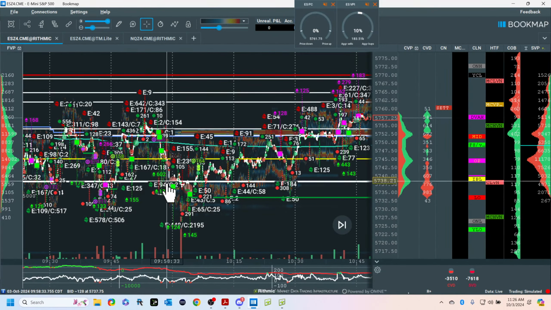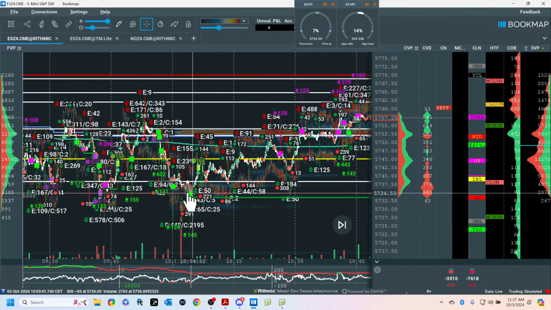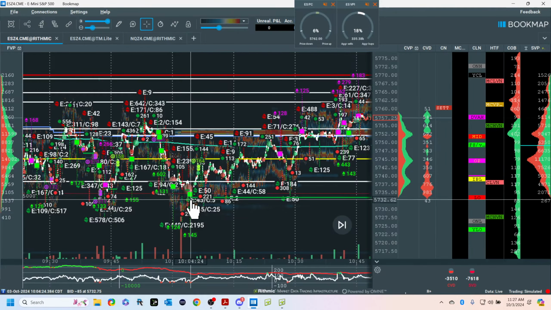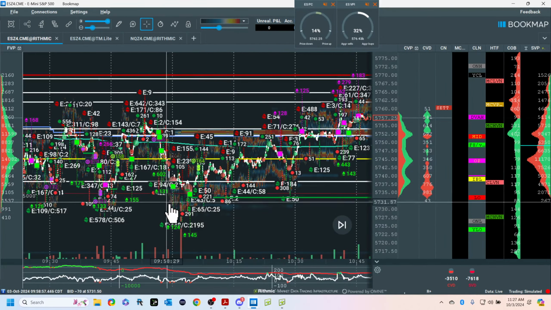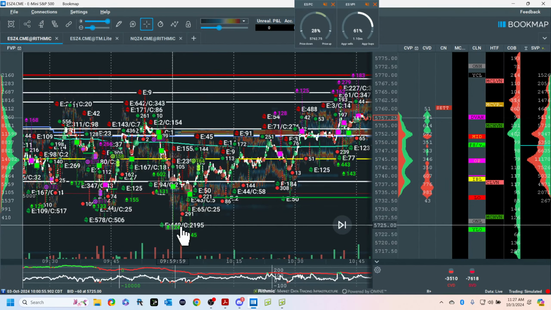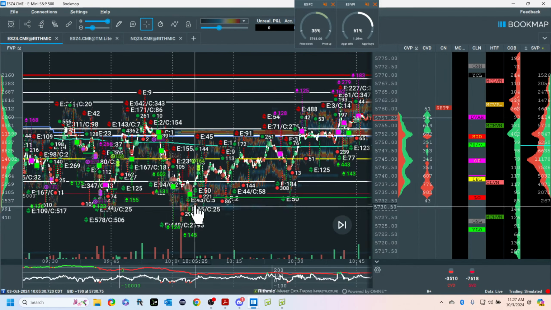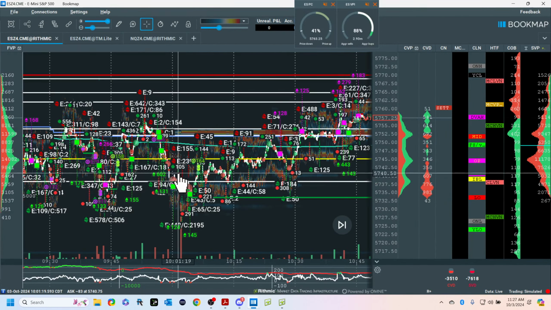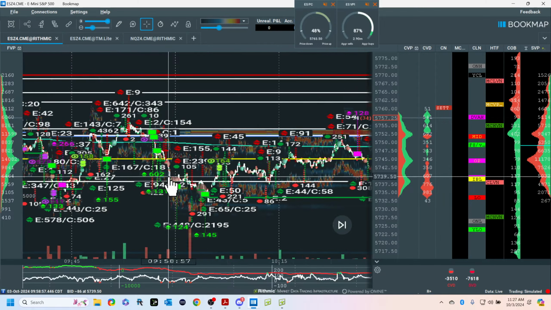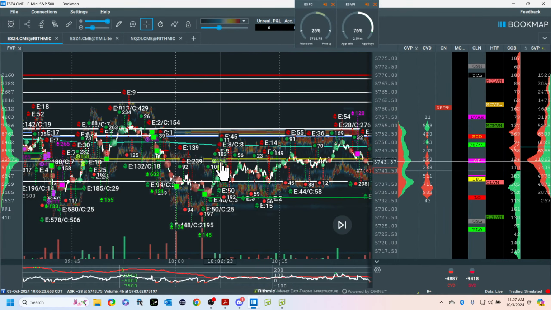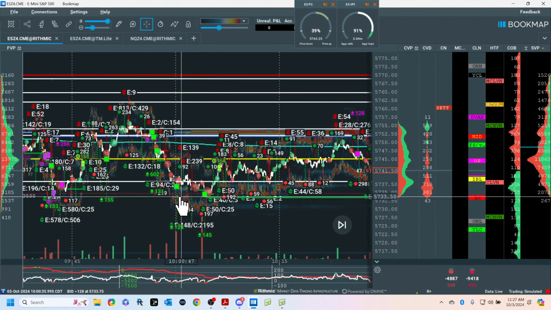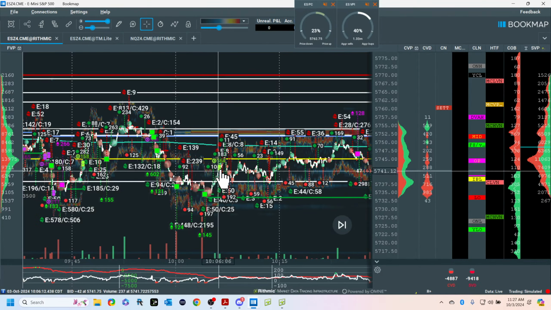But now I see absorption here and I see absorption here. So I know I got buying as I'm making a new low. That puts the antenna up, and I see the icebergs. But even if I didn't see the icebergs, I can assume based on this behavior that these guys were absorbed.